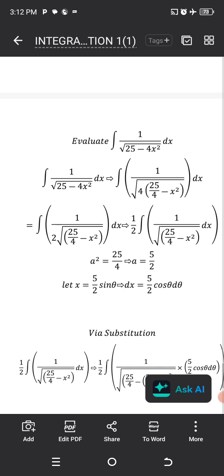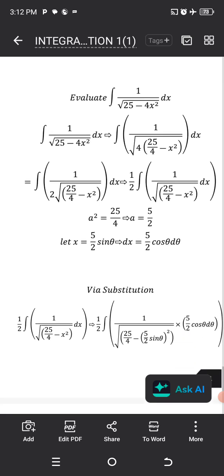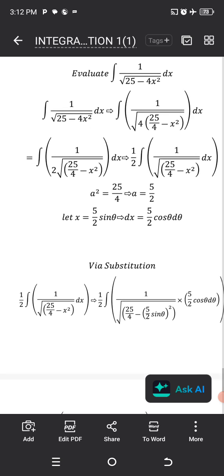If you multiply back that 4, you still get the expression square root of 25 minus 4x squared. So there's no magic there. It's actually true. You can see that the 4 inside the square root changes to 2 when it's coming outside. Why? Because the square root of 4 is 2.